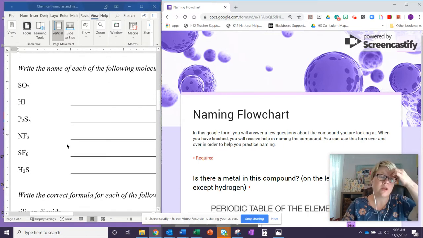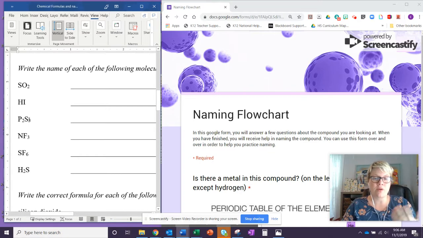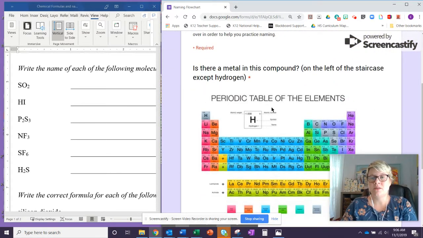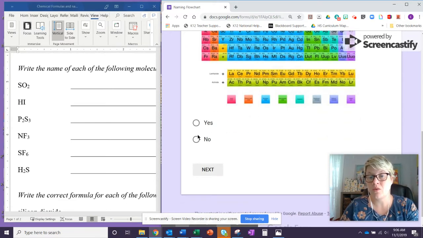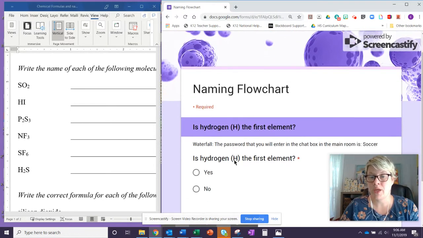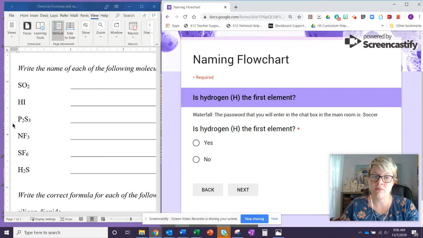So if we come down here, let's do this one, this P2S3. When we look at the periodic table, we can see that both P and S are on the right-hand side of the periodic table, okay? So there's no metal in there. I would say no. Is hydrogen the first element? No, it is not. Hydrogen is not in there at all.